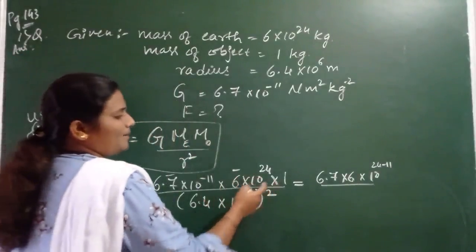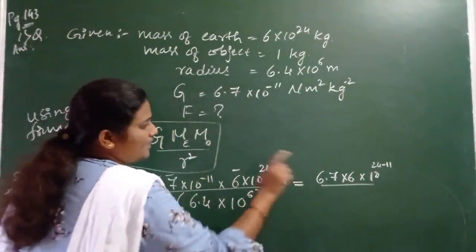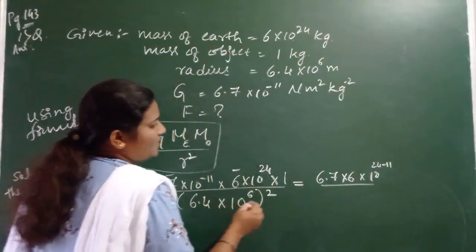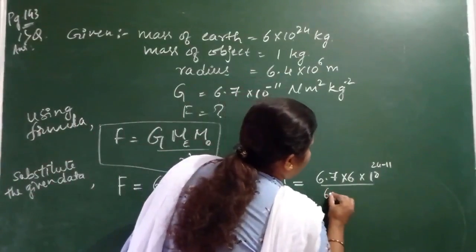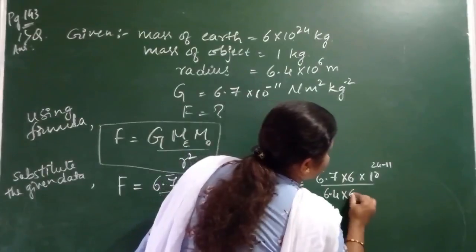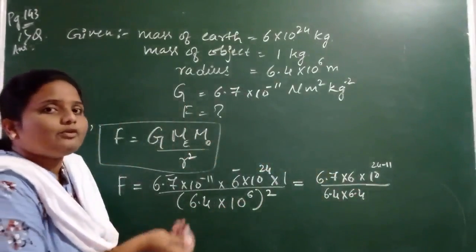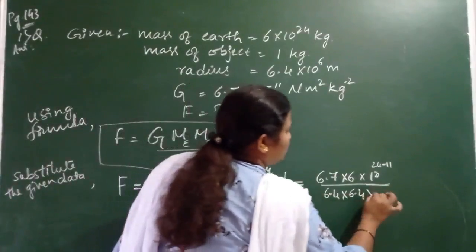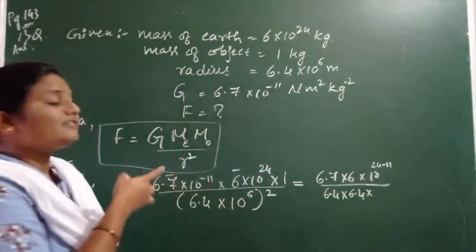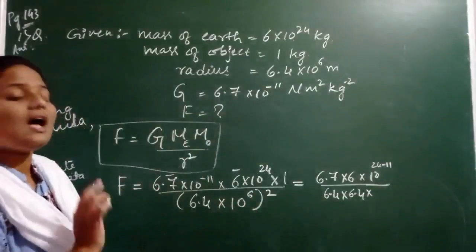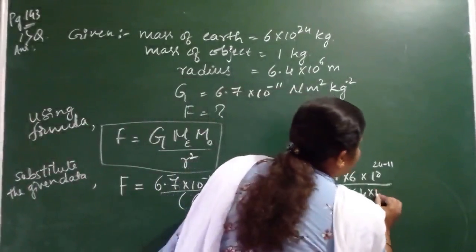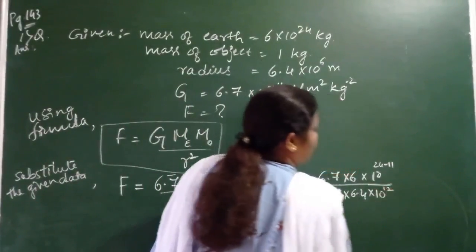Anything multiplied by 1 means you get the same value, so write it directly. Then 6.4 into 6.4, because it is a whole square, we write it 2 times, into 10 to the power of 6 into 2, that is 6 2s are 12. So 10 to the power of 12.